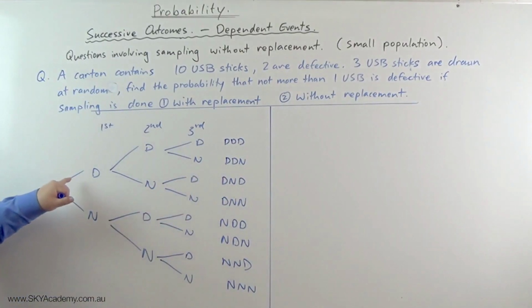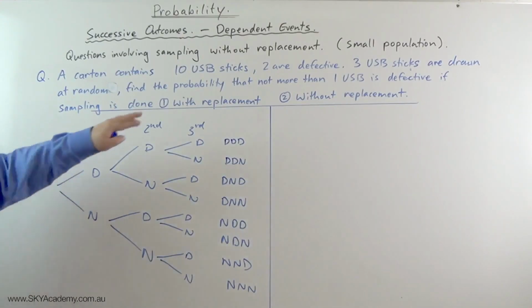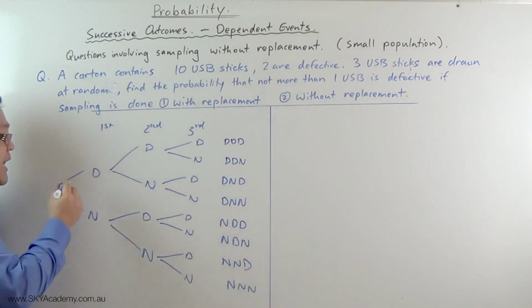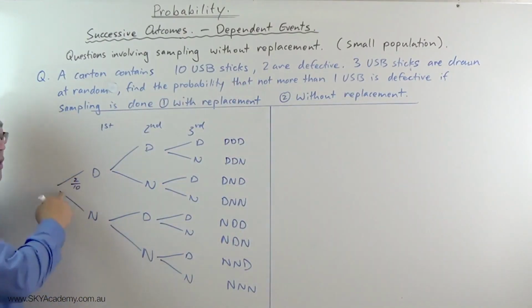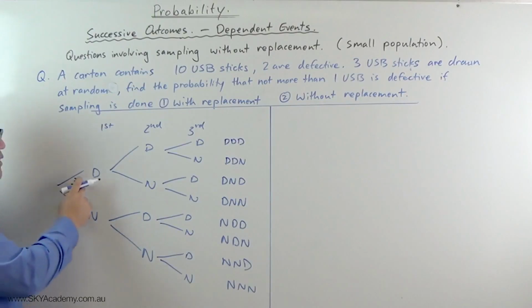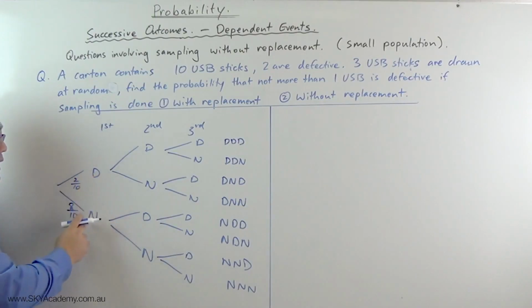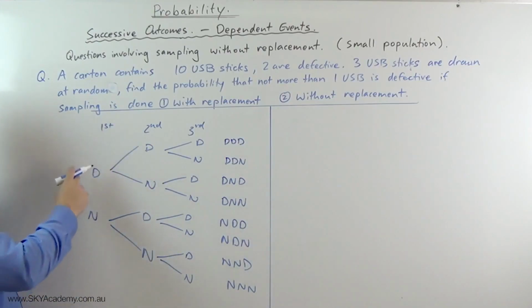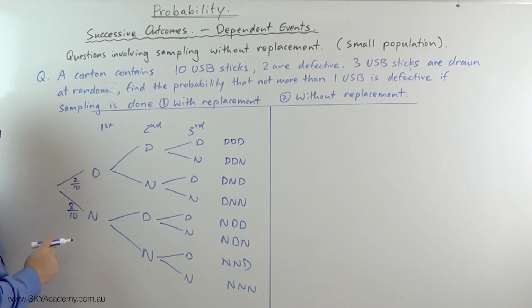What are the probabilities of choosing a defective in our first choice? Well, there are 2 defective out of 10, so it's going to be 1 out of 5, okay? But to keep it simple, it's 2 out of 10. Non-defective, right? If 2 are defective, 8 are going to be non-defective. So if you've got 2 out of 10 which are defective and 8 out of 10 which are non-defective, when you replace the one that you've chosen, the probabilities are still going to be the same, right?